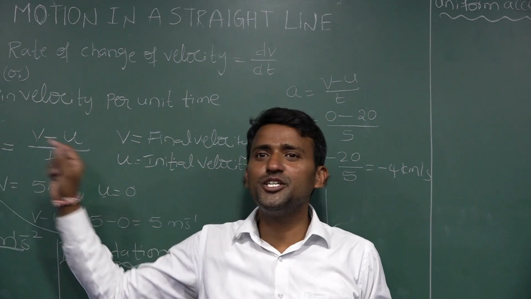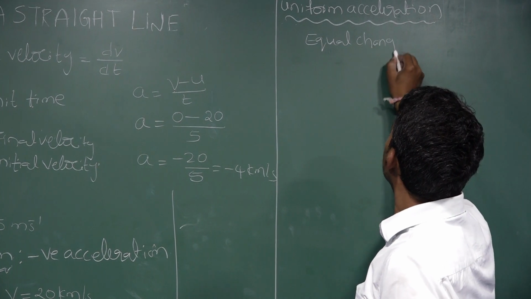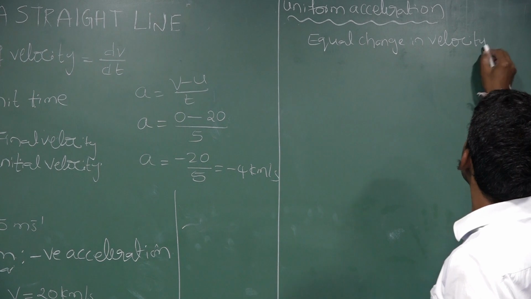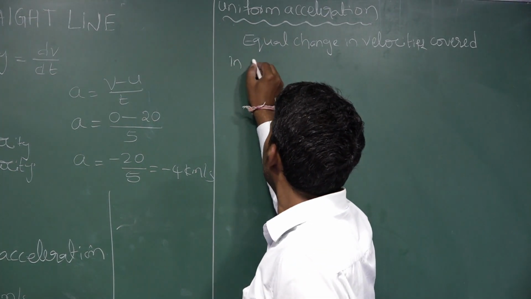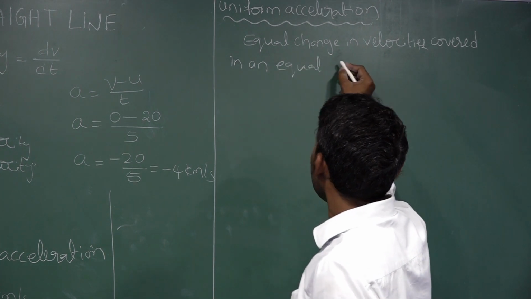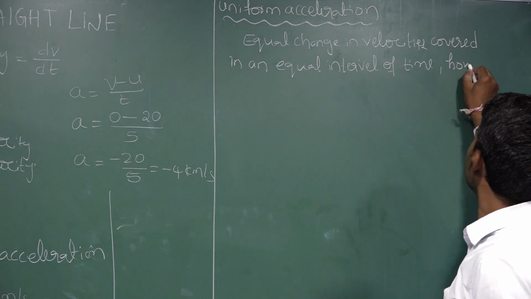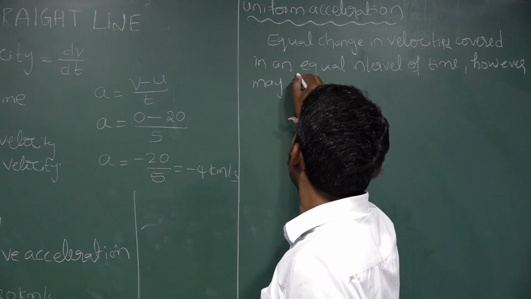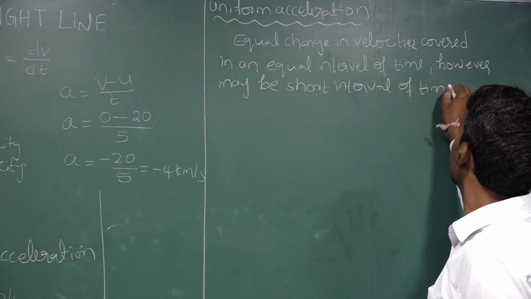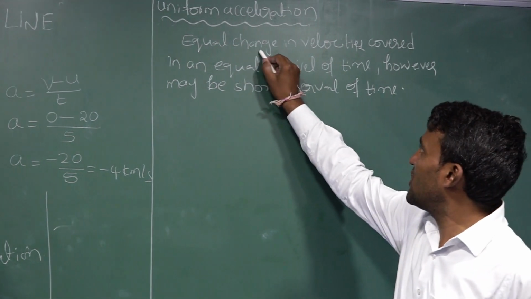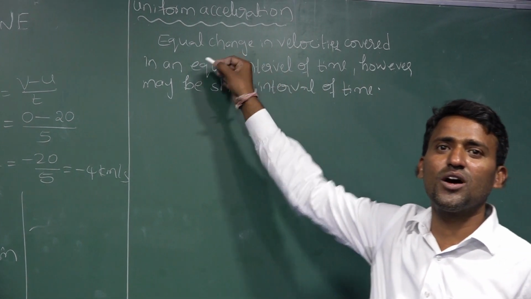So I am writing the definition here: equal change in velocities covered in an equal interval of time, however short the interval of time may be, is called uniform acceleration.